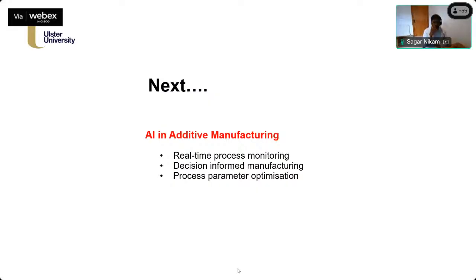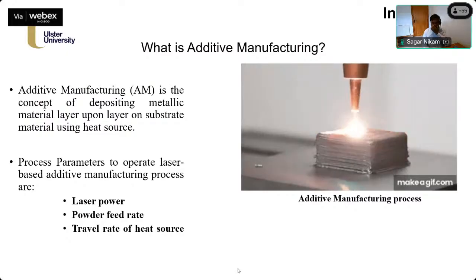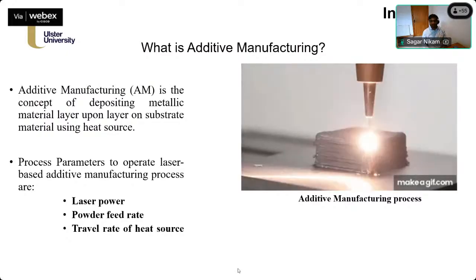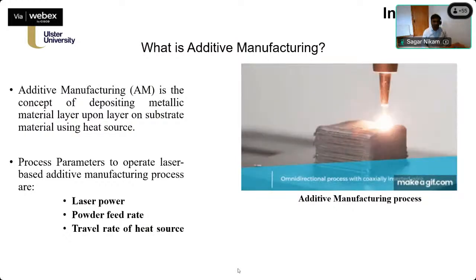But before that, I wanted to give some information about what is actually monitored in additive manufacturing, and how the decisions are being made. So the next step is AI in additive manufacturing. I'm going to skip the definition because everyone knows what additive manufacturing is. It's obviously building a product layer by layer.